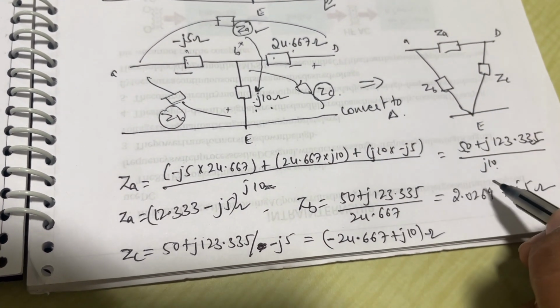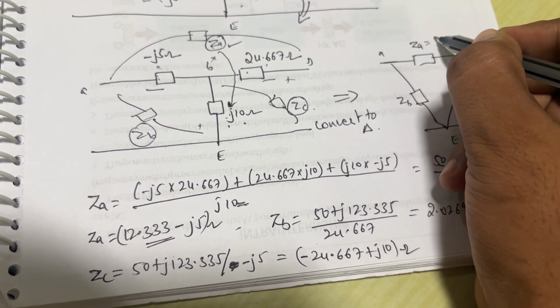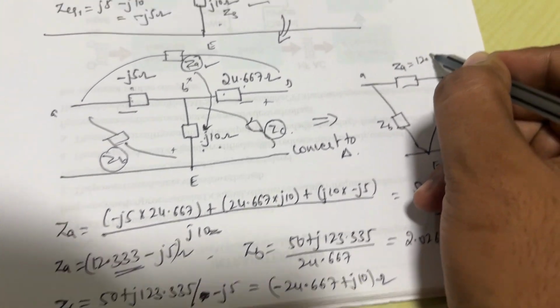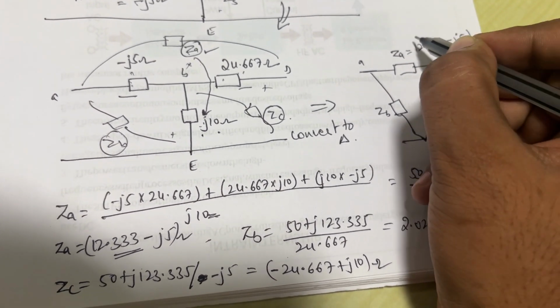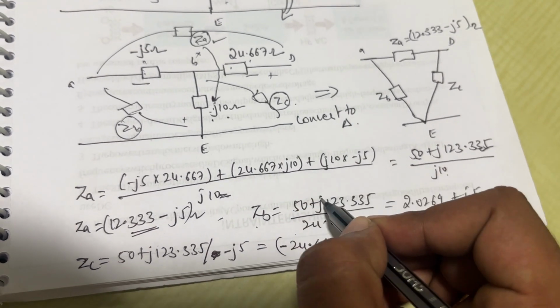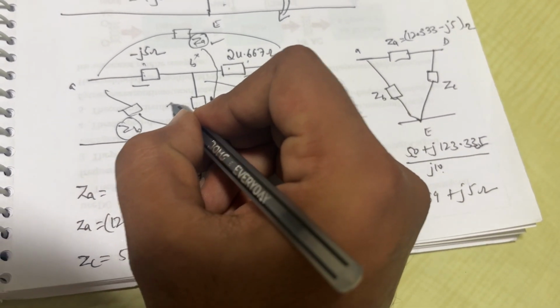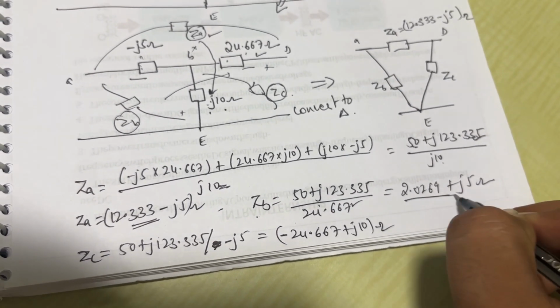Numerator is the same. The opposite of ZA is Z10, so we divide by Z10, and I can get 12.33 minus j5. Similarly for ZB, the numerator is the same and the opposite of ZB is 24.667, so you can get ZB.